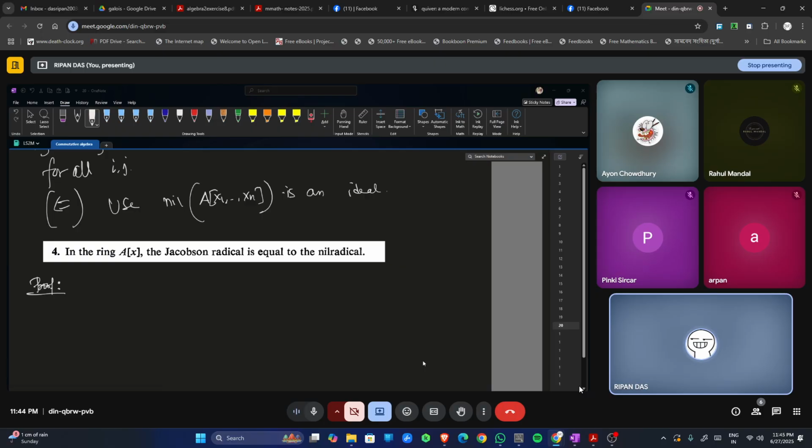In the ring A[x], the Jacobson radical is the same as the nil radical. Anyone else?